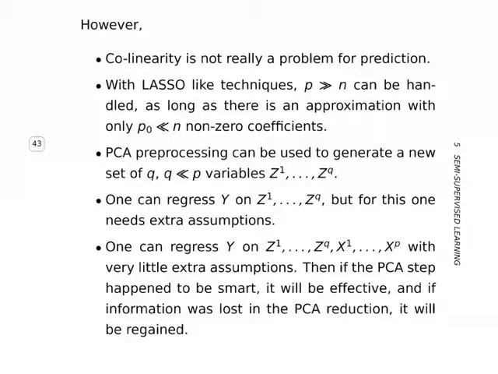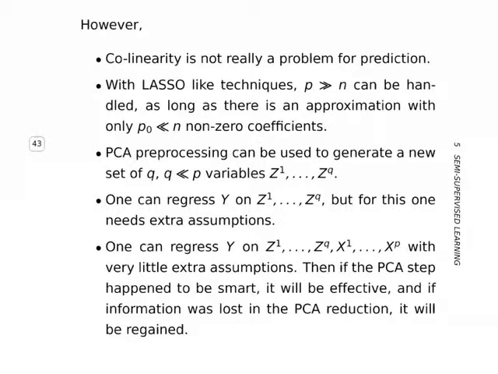So then the preprocessing does make sense, because what it can give me is a small number of variables, and I can add them to the rest of the original variables, x1 to xp. So I can add the output of the PCA, done only on the X's, as variables to the regression, but keep on the side the old x1 to xp, so I have many more variables, including some of those that I got from the PCA.